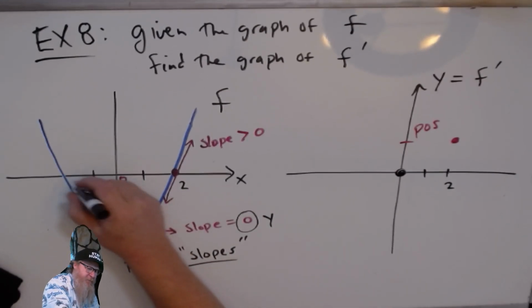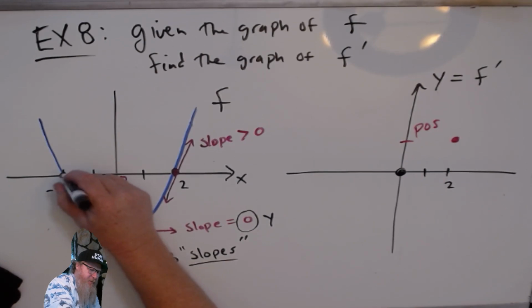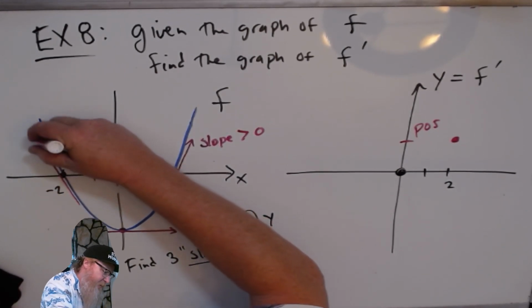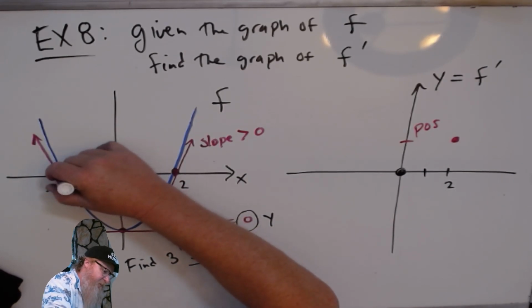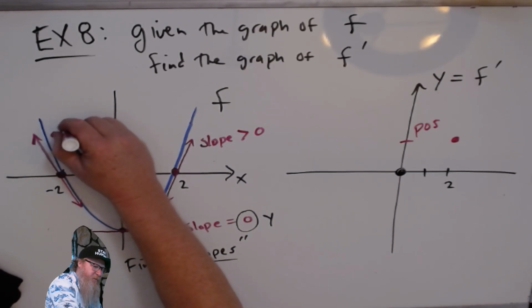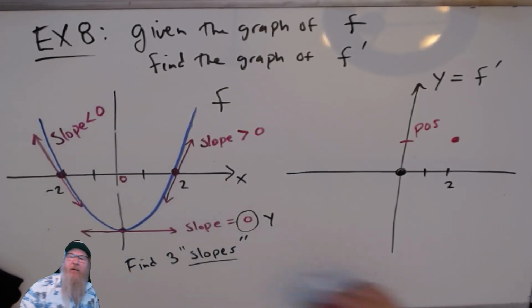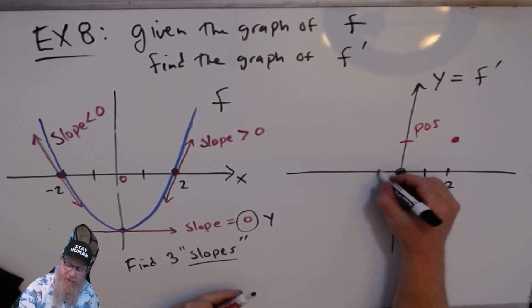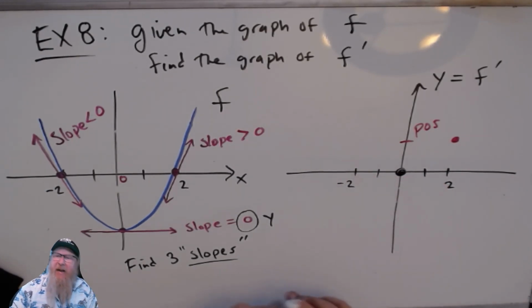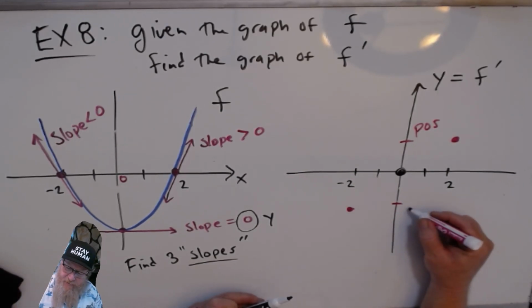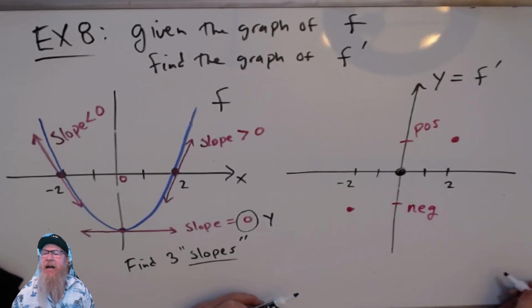Over here, at -2, the slope is negative, less than 0. So over here, at -2, I'm somewhere down here, some negative number.